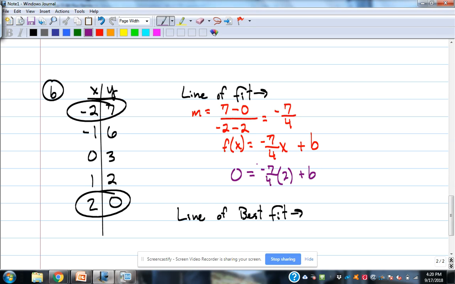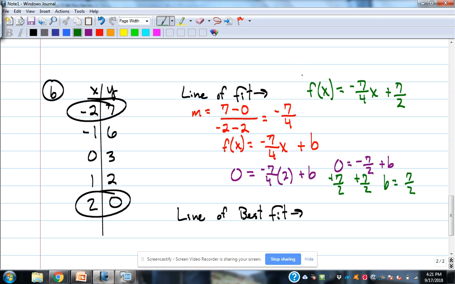Well, that's going to be 0 equals negative 7 over 2 plus b. I would add 7 over 2 to both sides, and there's b. It's positive 7 over 2. So my line of fit is this function, f of x equals negative 7 over 4 x plus 7 over 2. That's my line of fit.